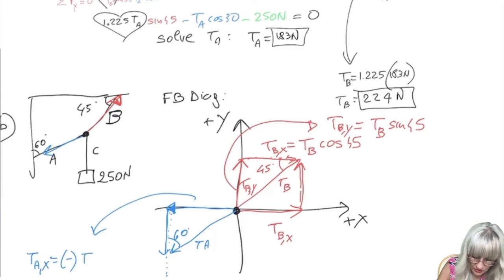You have the hypotenuse T of A times the sine of 60 because it is opposite to the angle. Look at this y component.